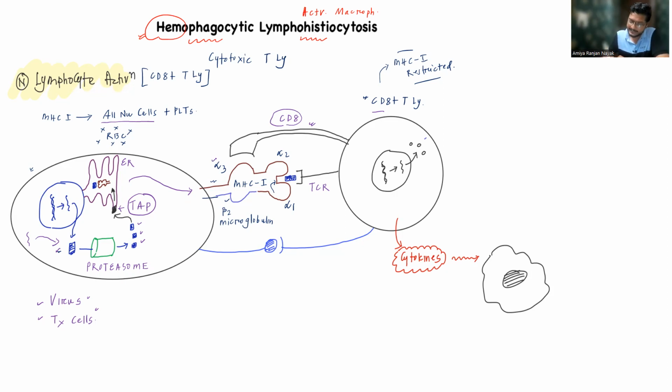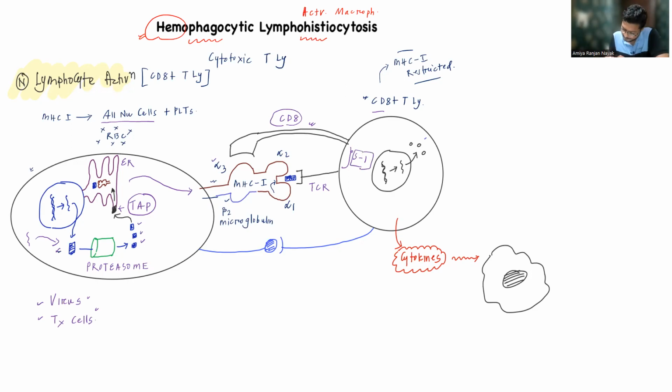So this will make the bond stronger. Once this interaction happens, there will be signal 1 to the cytotoxic T lymphocyte. So this is the signal 1.